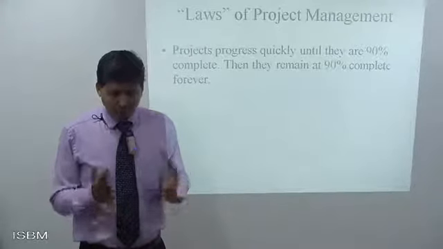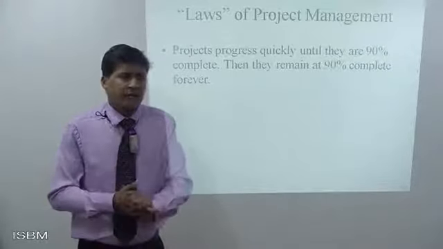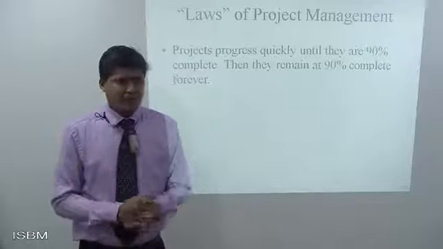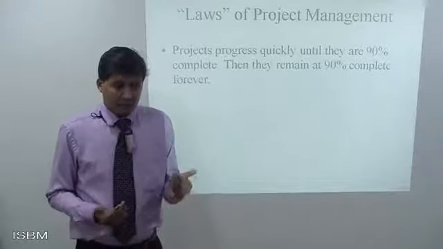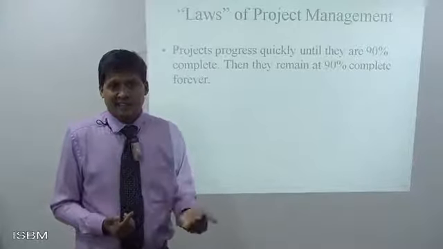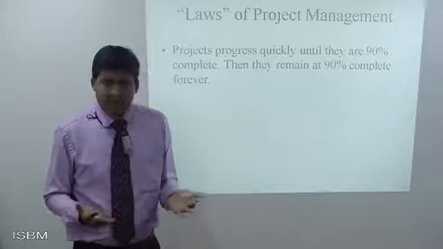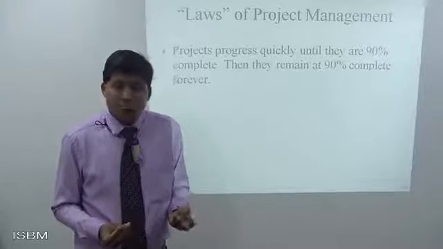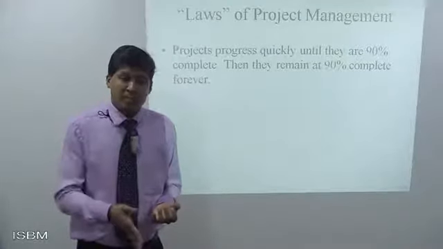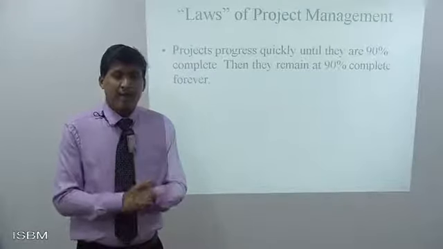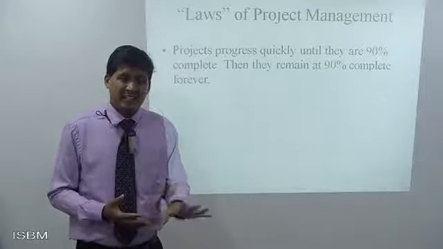If I am to give a similar analogy, let's take cricket as an example. People reach 90 and don't even realize how they reach 90. But from 90 to 100, the flow of runs becomes very slow. There's a lot of pressure built up, and we have heard a lot about nervous 90s in cricket.